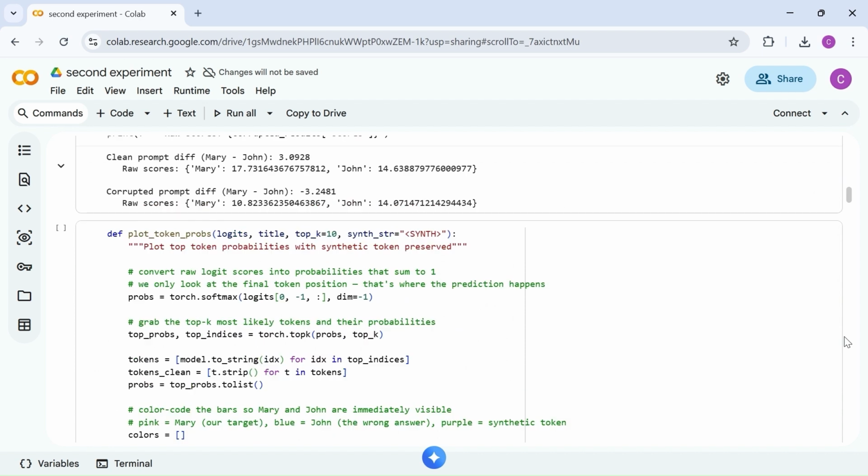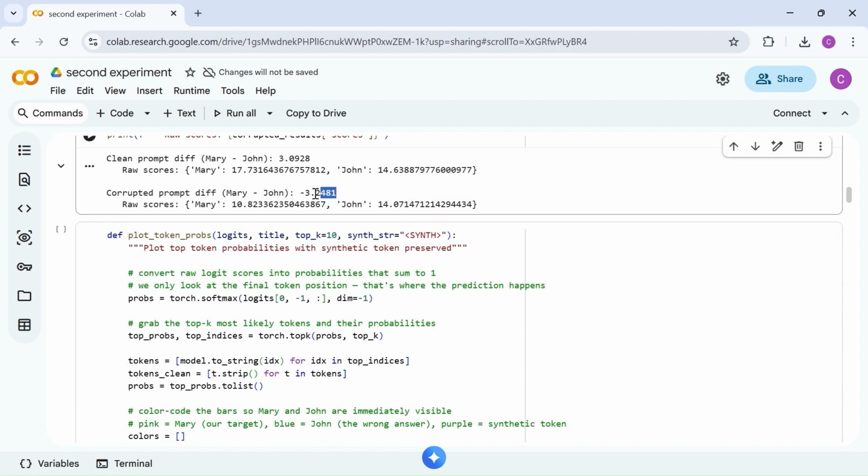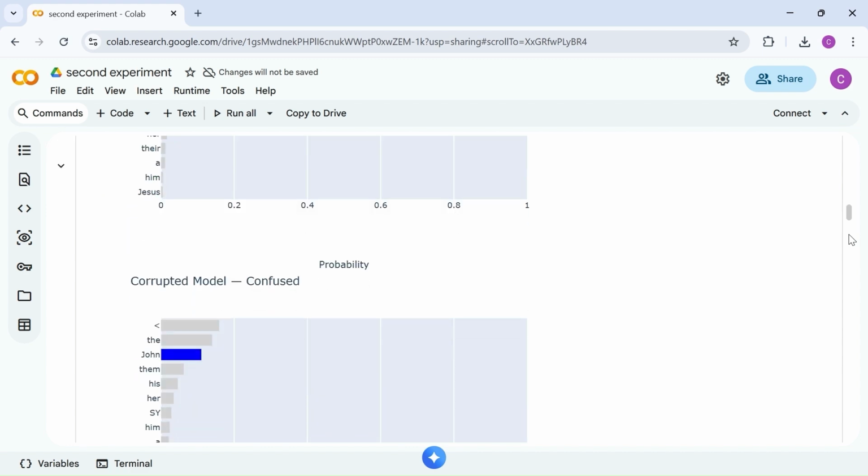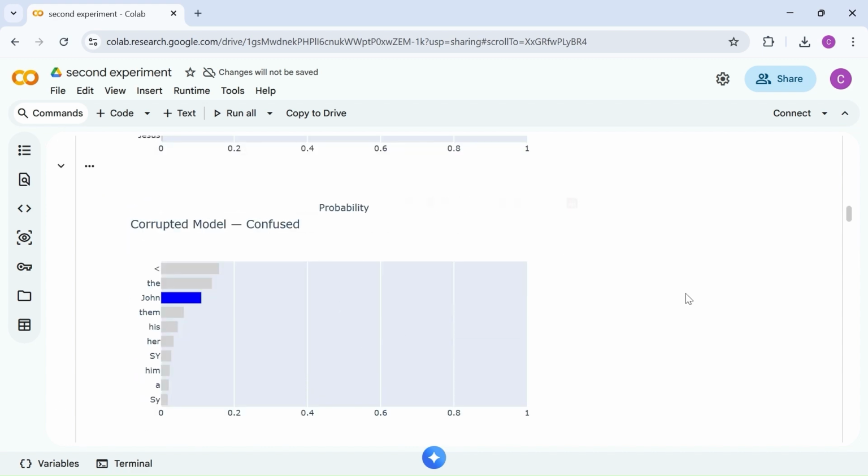Here, as you can see, the model is going to give you a negative result. Now, this means that instead of Mary, the model is going to give you the answer as John. We just switched one word and the entire belief reversed. And you can see the same thing in this chart right here. Now, this brings us to our question. Where inside this 12 layer network does that decision live?